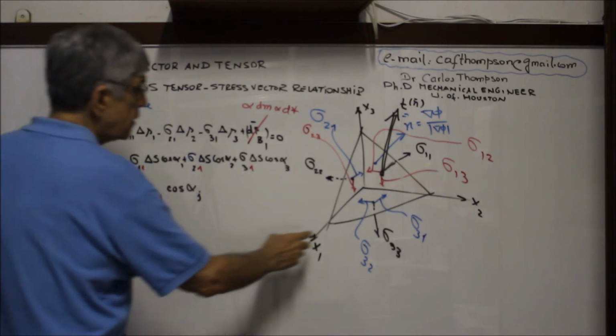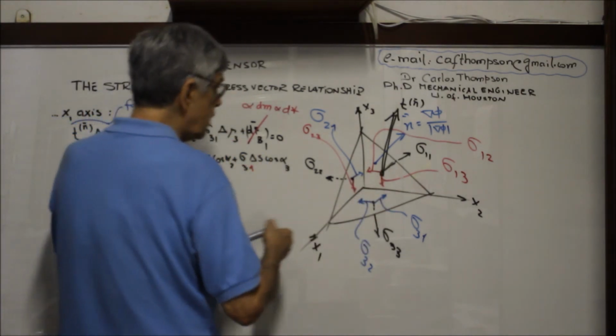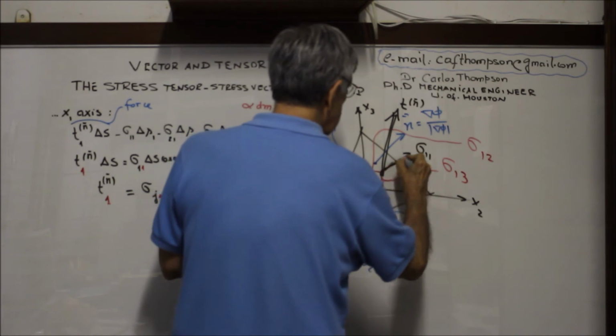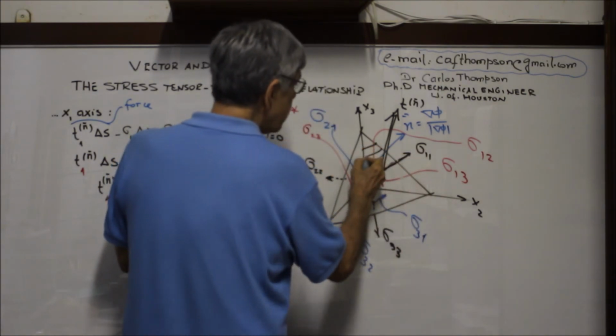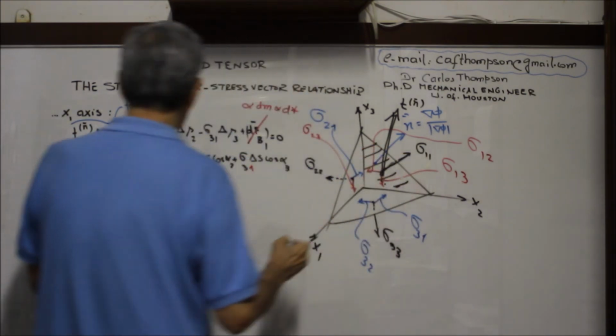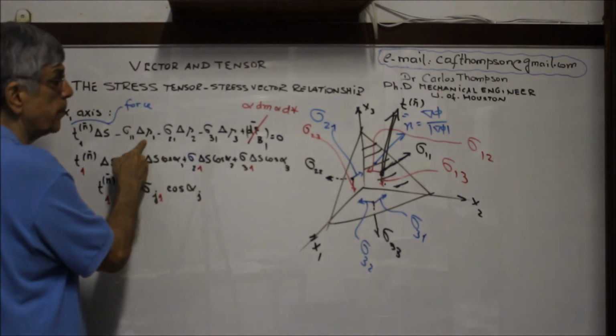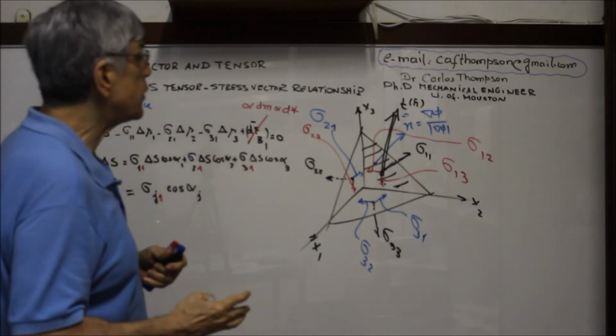So this is sigma 1 1 times this area. What is this area? This area is delta S1, as we did in the last picture.